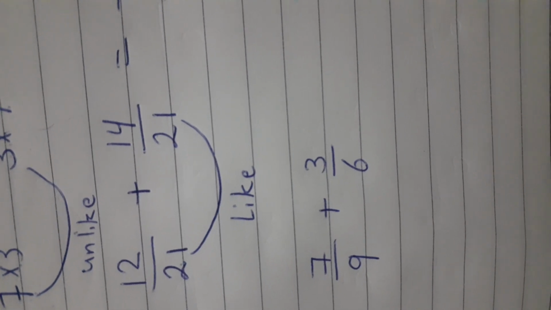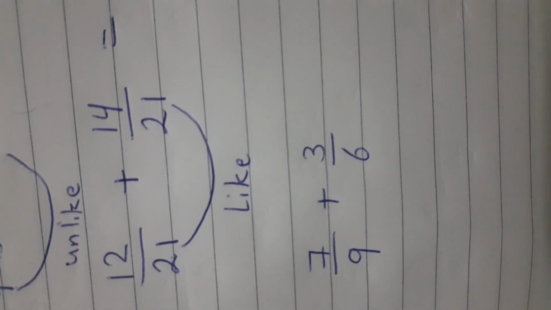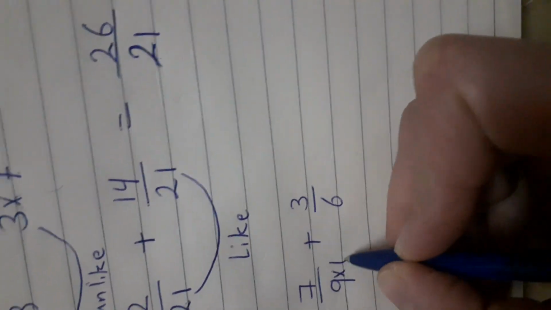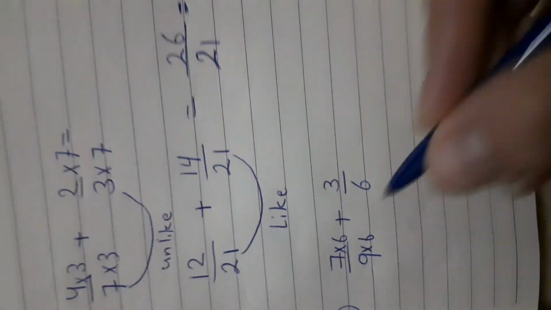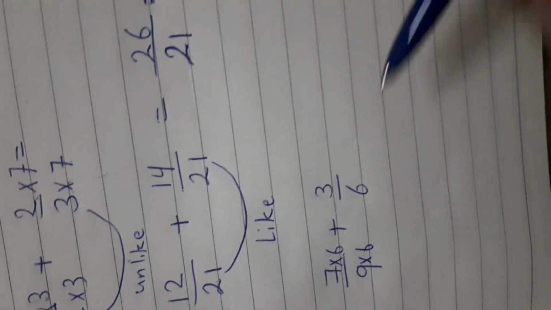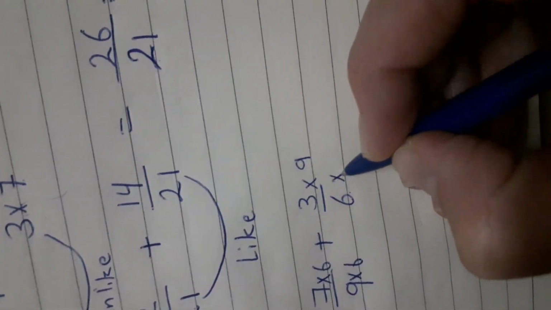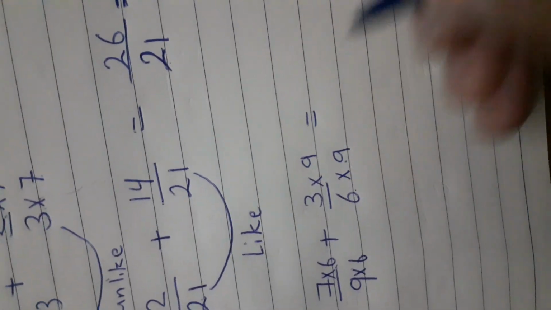So we will use multiplication by the other fraction denominator on both fractions. 7/9 will be multiplied by 6 on both numerator and denominator, and 3/6 will be multiplied by 9 on both numerator and denominator.